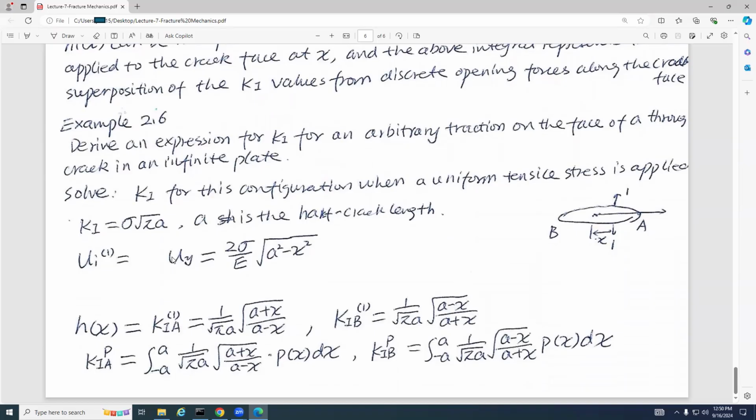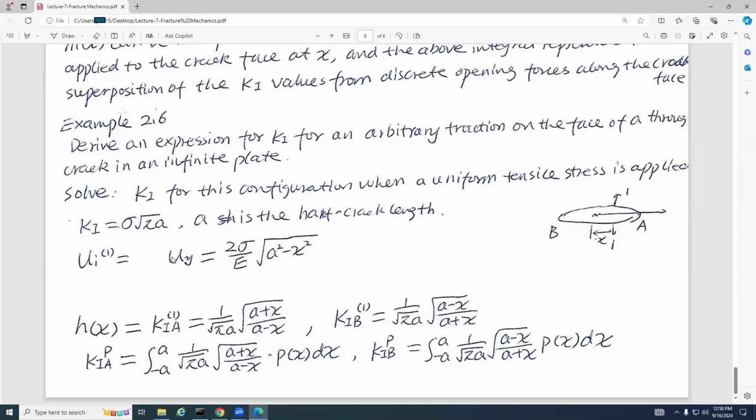In the textbook, we have a crack, and they use the left crack tip as origin. We have X and Y. But here, to be simpler, we use the center of the crack as the origin. So this is X, this is Y. I have positive X, I have negative X. That's the reason we have different Uy; this one is the same, but Uy is totally different from the form in the textbook.